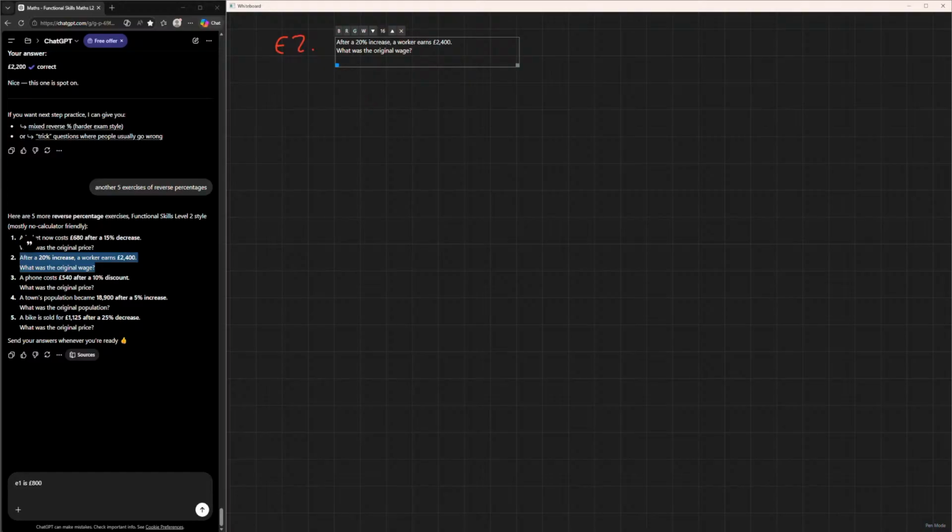So this is the degrees we have in Greece. 100% plus 20 is 120%. We were looking for the original, which is X, and this one is 2400.